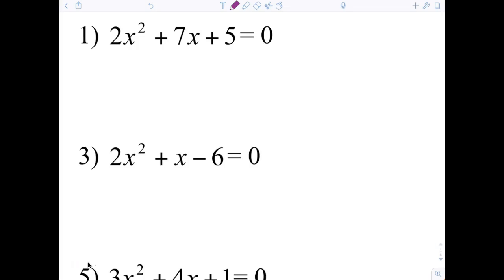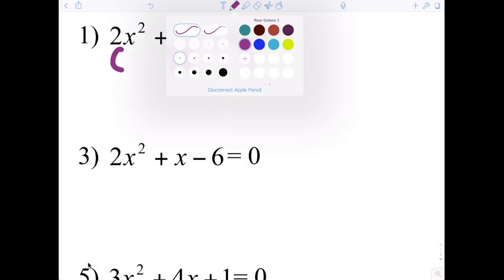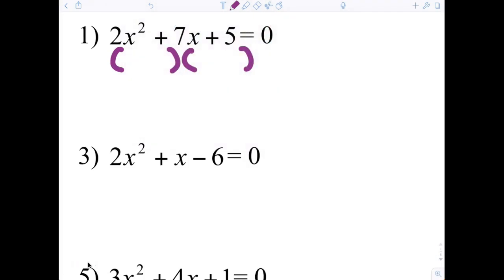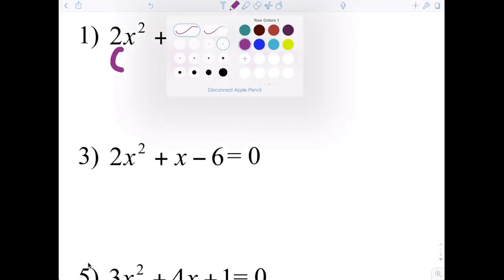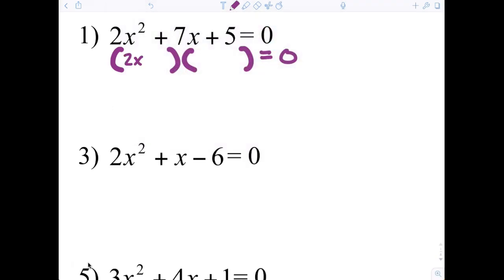All right? You're supposed to factor, which means there's always 2 sets of parentheses. So you should have started with that. Now, the other thing I need you to remember is that it's equal to 0. That's the one difference. It's always equal to 0. Now, how do I make 2x squared? I make it with 2x and x. So here we go. I'm putting 2x and x.